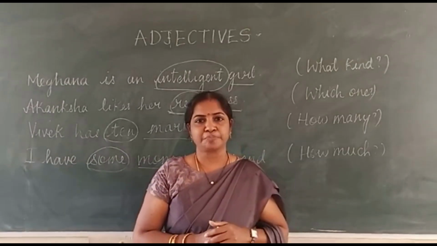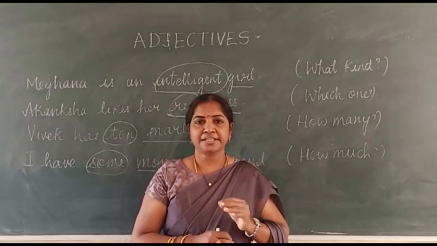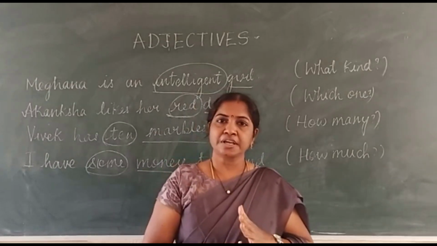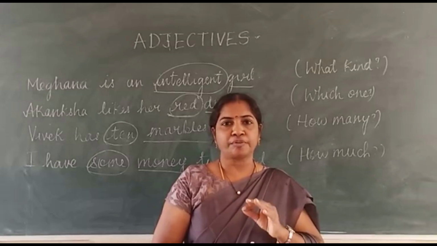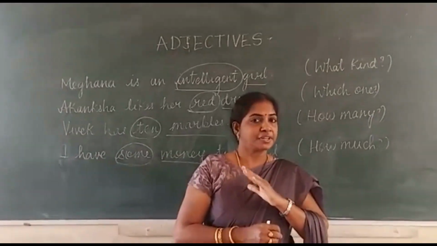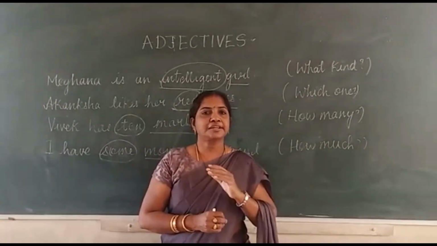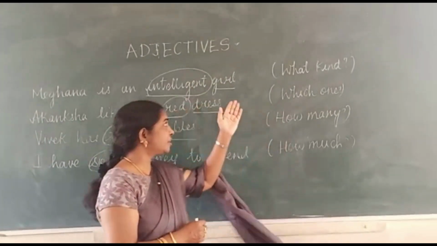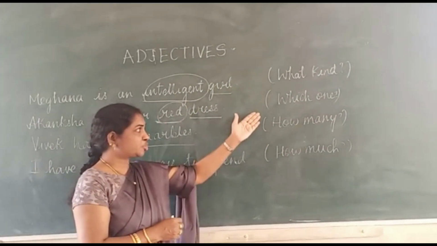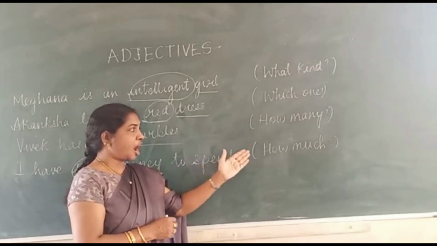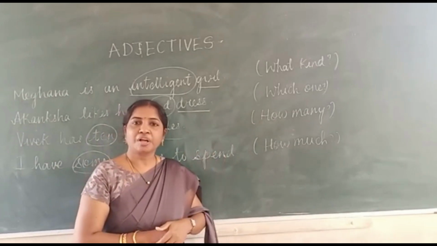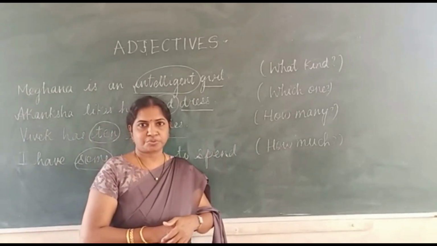The second attribute, it indicates the shape, size, number, quality and feelings of the noun or the pronoun in the sentence. The third attribute, as I already asked, what kind, which one, how many, how much. Based on this, it will tell something about the adjective.